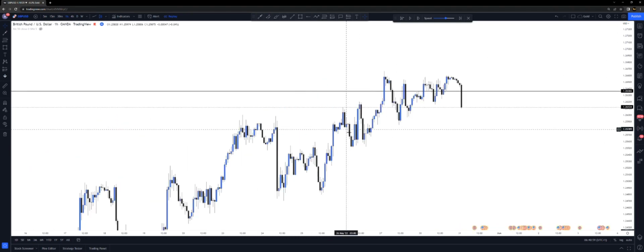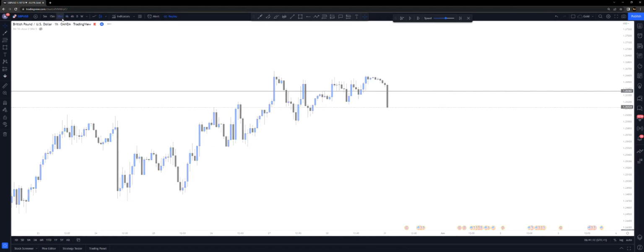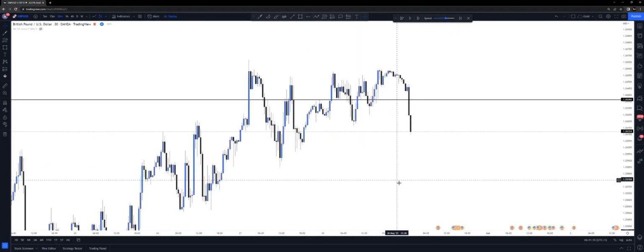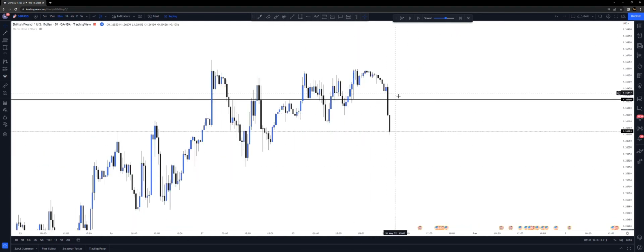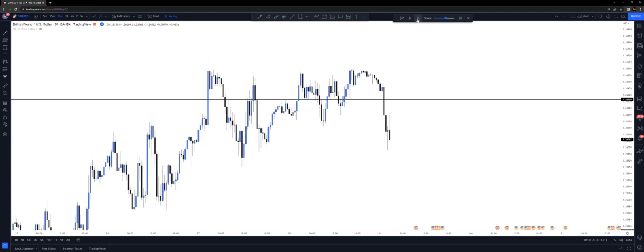So let's be smart. Exact discipline. On the 1 hour, there is a move right here, downside trend line. So that's perfect. Okay, 30 minutes. Try this level.